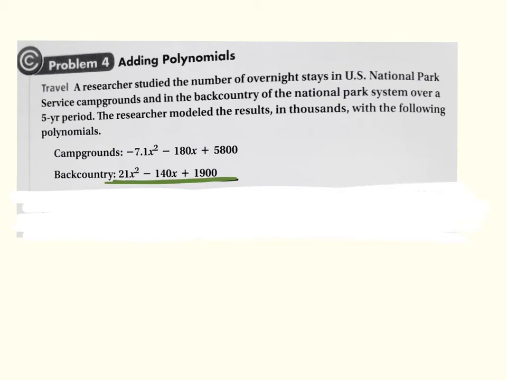Okay, so if you add these, you get the same thing, 13.9x squared. Combine these, you get negative 320x, and then combine 5800 and 1900, and you get 7700.